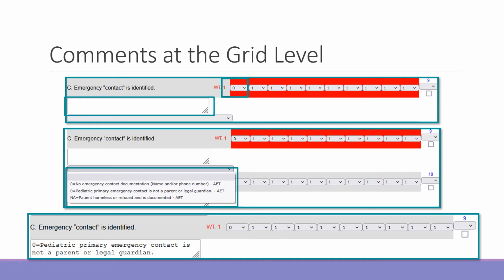Please note, the system does not know whether a comment has been entered for each no or NA answer. It only knows whether the comment box is empty. So it is up to the user to ensure a record number and comment is reflected for each no or NA answer.